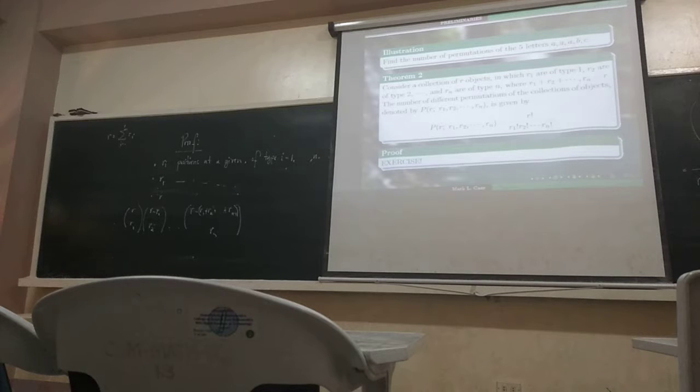But R1 plus R2 plus R3 equals R, so it's zero. So R minus that is R minus R, so you have 0, and you get 0 factorial, which is 1. So you get R factorial over R1 factorial, R2 factorial, R3 factorial. Okay.